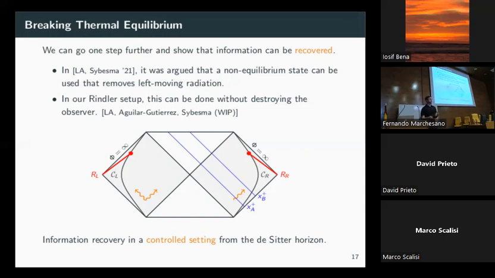This leads to an entropy that decreases a bit and allows you to recover information from the de Sitter horizon. An upshot of this Rindler gluing model is that you can do this in a very controlled way, where you can have back reaction effects under control. So this consists of a very controlled way of recovering information from the de Sitter horizon, at least to the best of our knowledge. This is the first time that somebody has demonstrated that.